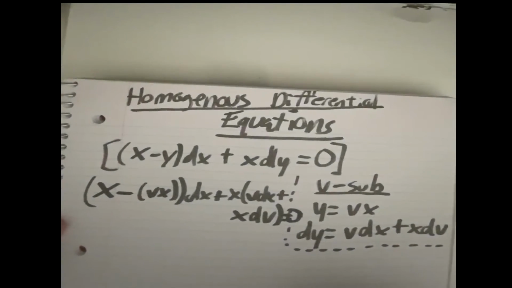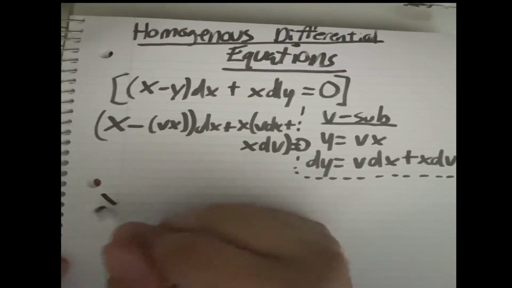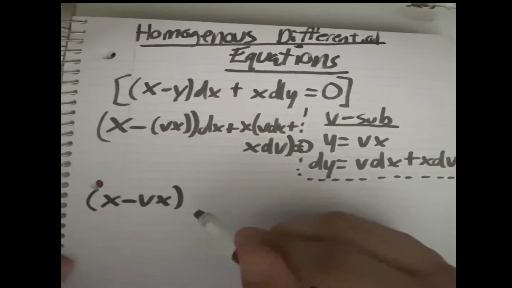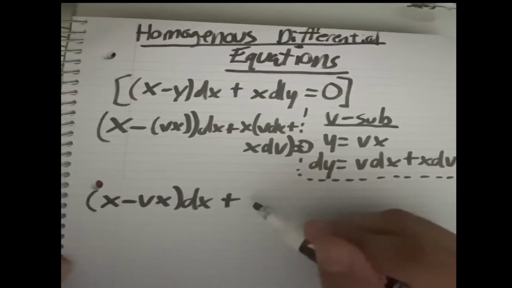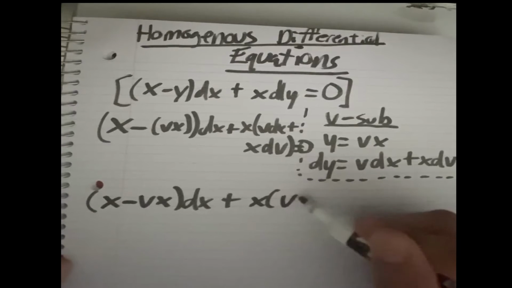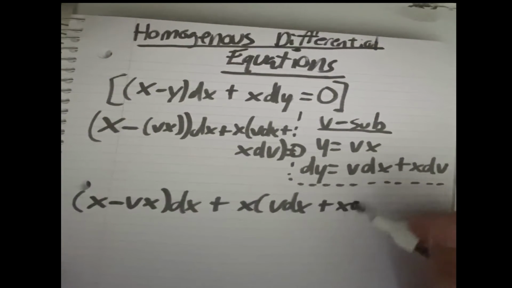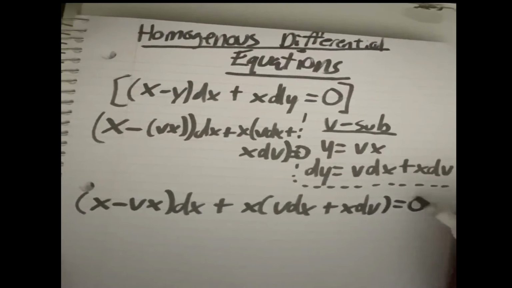So we're going to go ahead and just make room down here to keep solving this problem. So x minus vx dx plus x v dx plus x dv is equal to 0.